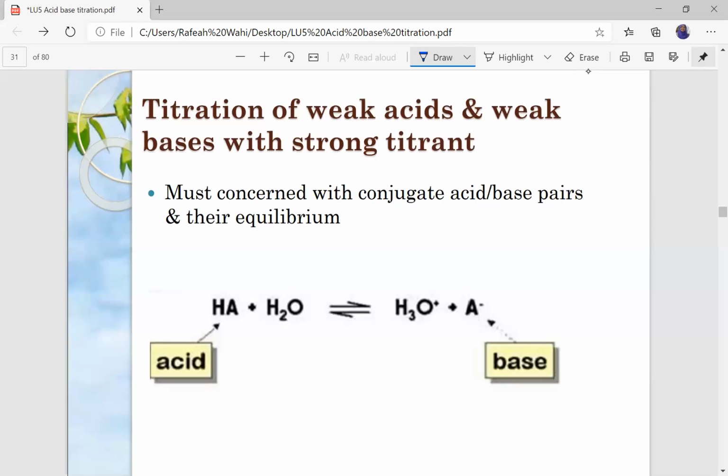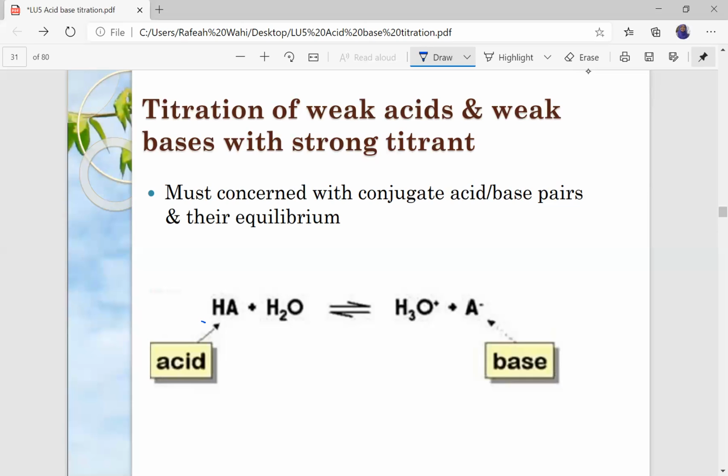When we deal with weak acid and weak base, we know from what we have learned in learning unit 4, acid-base equilibria, that all weak acids have their own conjugate base, and all weak bases have their own conjugate acid. So whenever we talk about titration of weak acid and weak base with a strong titrant, we must be concerned with the conjugate acid and base pairs and their equilibrium. All right? This is just a revision.